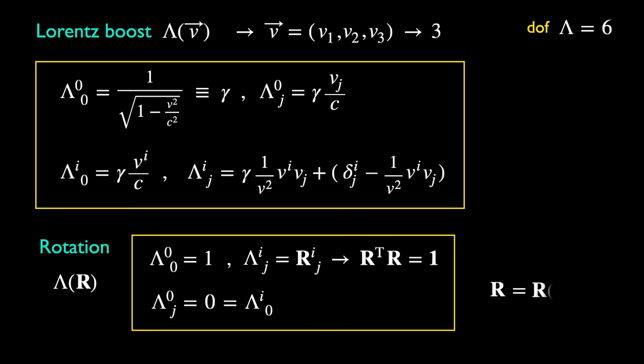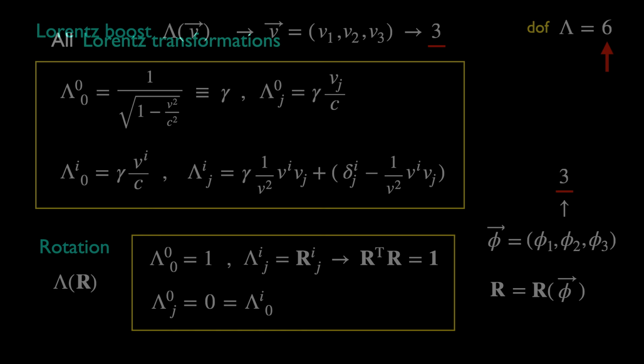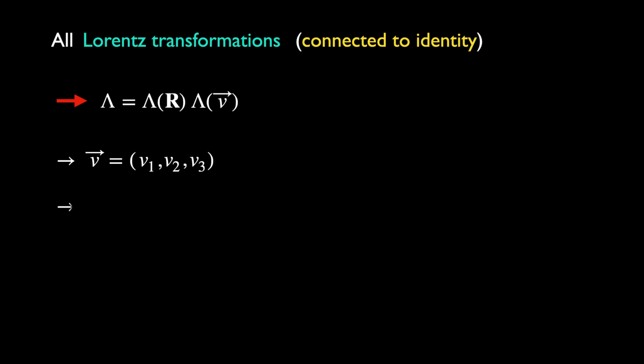Since the rotation is described by a rotation vector, which carries 3 real components, we have made up all the parameters of the Lorentz transformations. Thus all Lorentz transformations that are connected to the identity can be expressed as a composition between a Lorentz boost and a rotation, with the suitable choice of parameters.